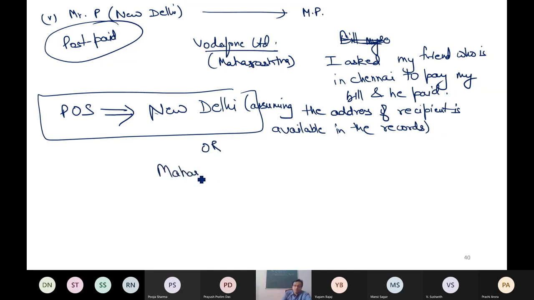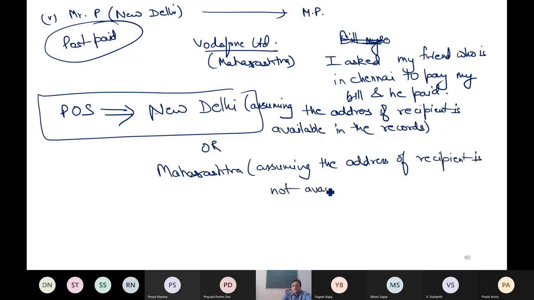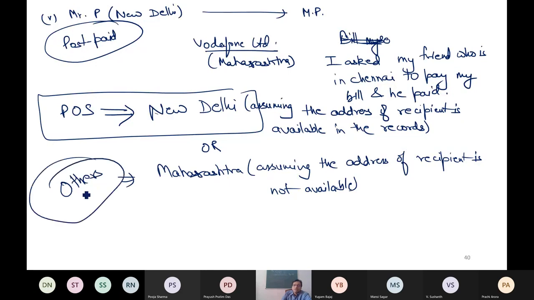Maharashtra. It's very simple. So here also I have applied others. The concept of others can be applied in any situation. You have to simply see.